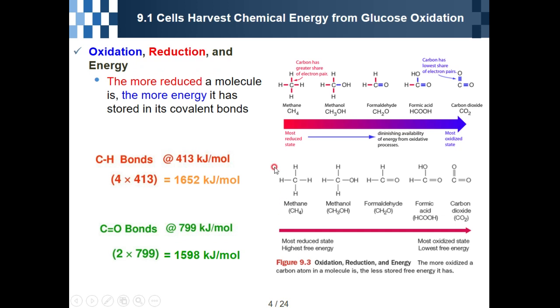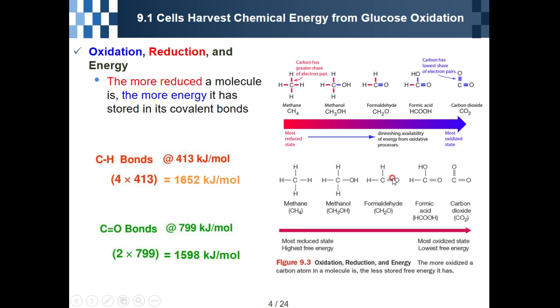In this slide, we will learn about oxidation, reduction, and energy. Figure 3.3 shows oxidation, reduction, and the energies. Starting from molecules that only have 1 carbon, for example, this is methane, CH4. This one has only 1 OH, and we call it methanol.